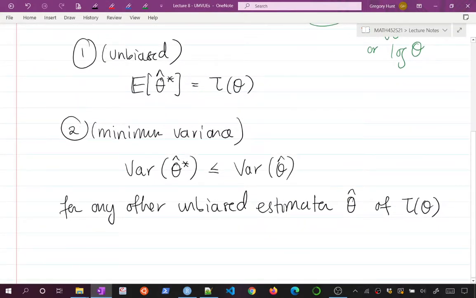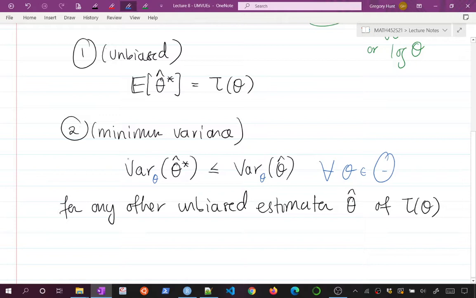Okay. So the condition here is that this has to be true for all possible theta. We could say for all theta in our parameter space, capital Theta. So we could even denote here that these variances very likely depend on what the true parameter theta is. But it doesn't matter what the truth is.